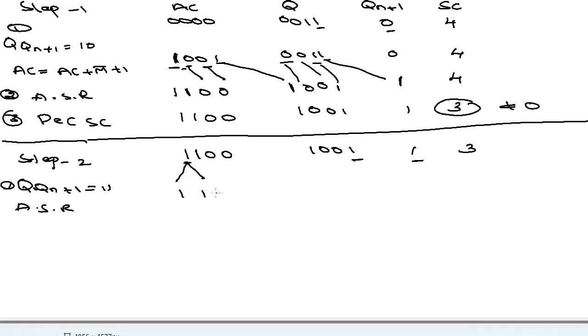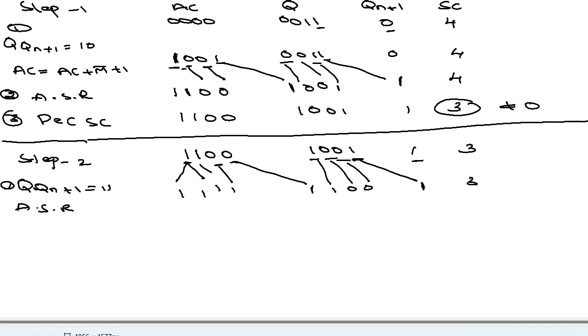So 1 1, the second value is moved to the third position, the third value to the fourth position, and the fourth position value is shifted to Q. This value is 1, this is 0, this is 0, and this one is moved to Qn plus 1. Next, after right shifting, we have to decrement the sequence counter value.